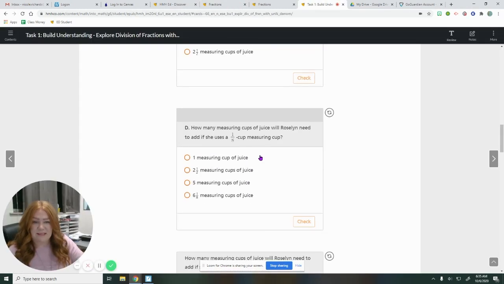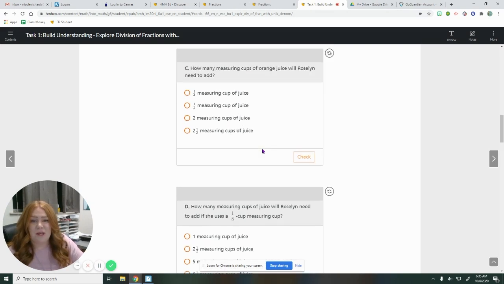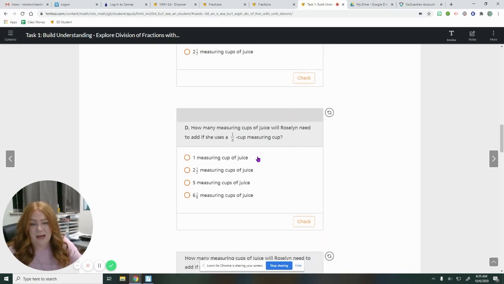Okay, so then D: if she only used a 1/8 measuring cup, so every time she did 1/8, 1/8, and she still needs 5/8 of those, how many times will she have to scoop 1/8 out to get to 5/8?